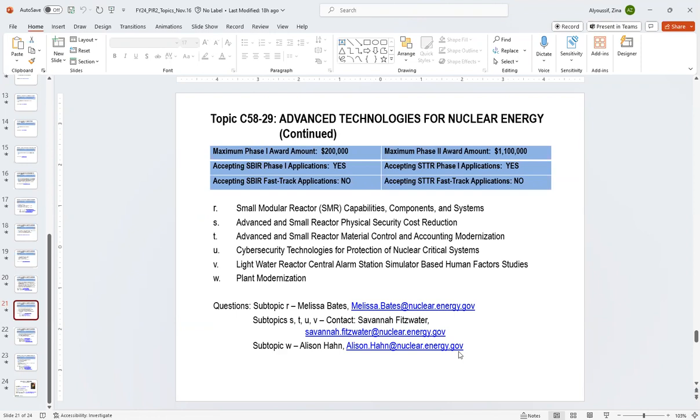On subtopic T, advanced and small reactor material control and accounting modernization. Here, applications are sought for improved and modernized mass and material tracking software to reduce costs, improve usability, and increase effectiveness associated with mass and material tracking systems to really support material control and accountability requirements for future advanced and small nuclear reactors.